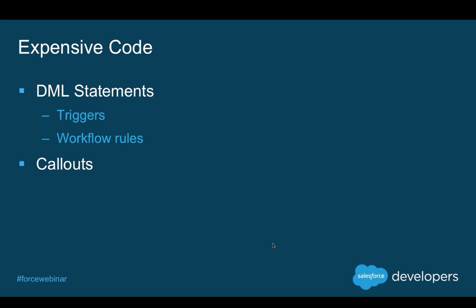The other piece we were talking about is callouts. So calling out to a web service, you're at the whim of the other web service. If I call out to a Google web service, I'm fairly confident that Google will return quickly to me, because Google themselves have a massive cloud infrastructure that allows them to be low latency.